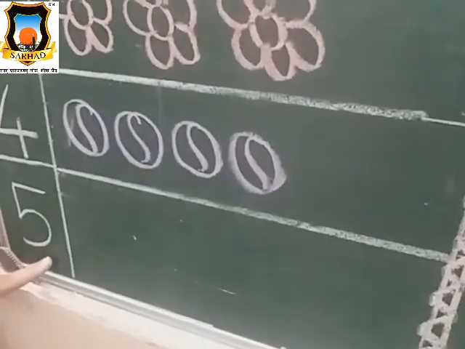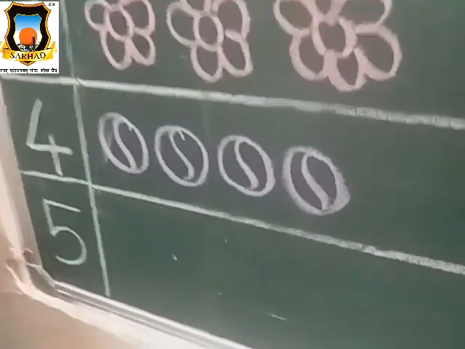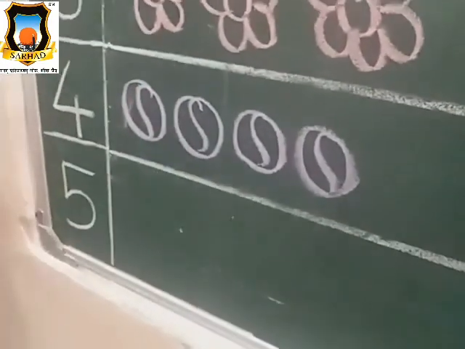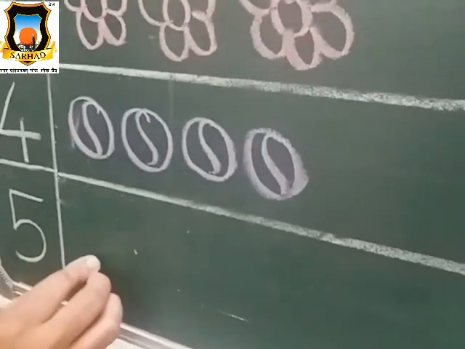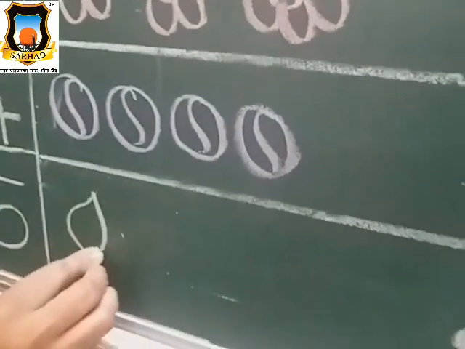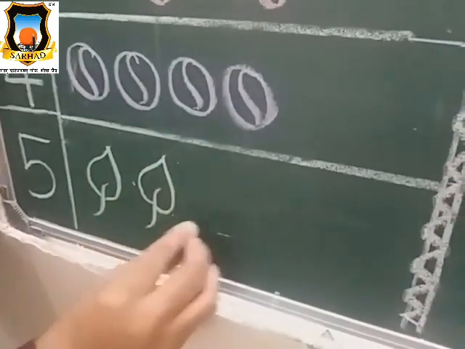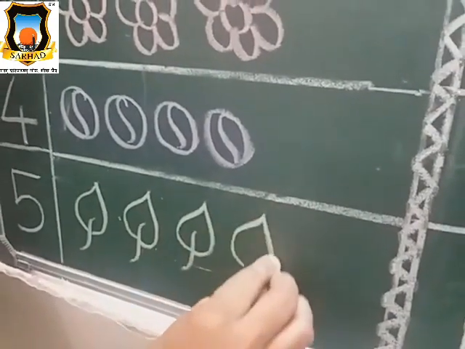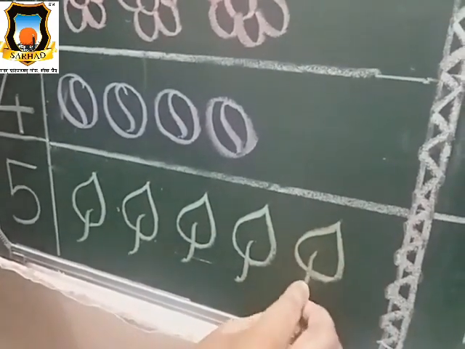Okay. Now next number is, which is this number? 5. Okay. So I am going to draw here 5 leaves. 1 leaf, 2 leaf, 3, 4 and 5.